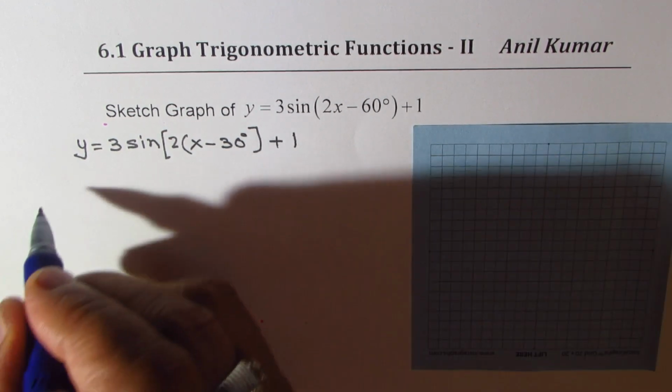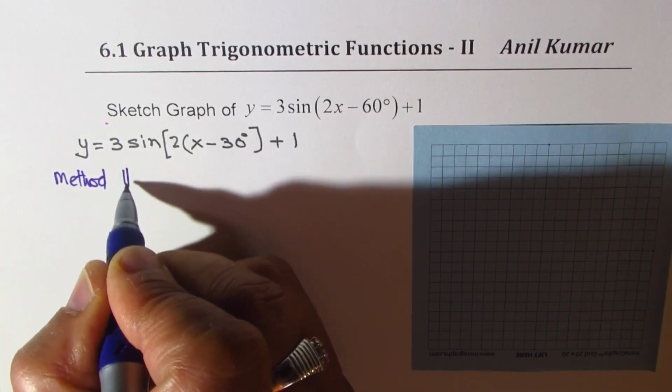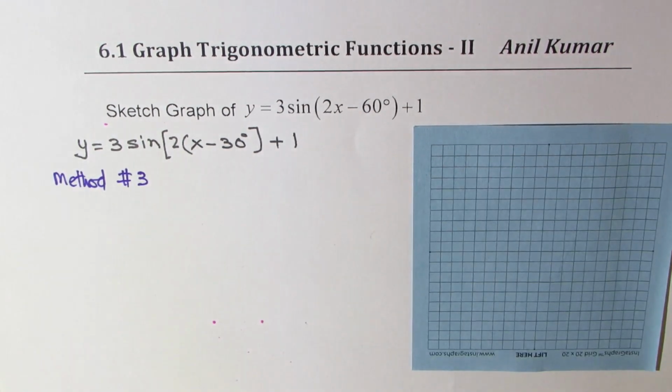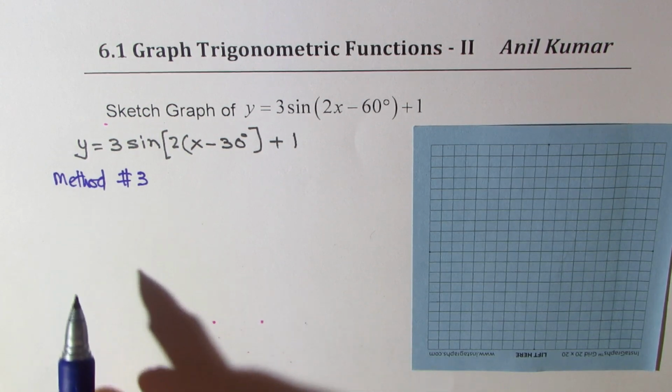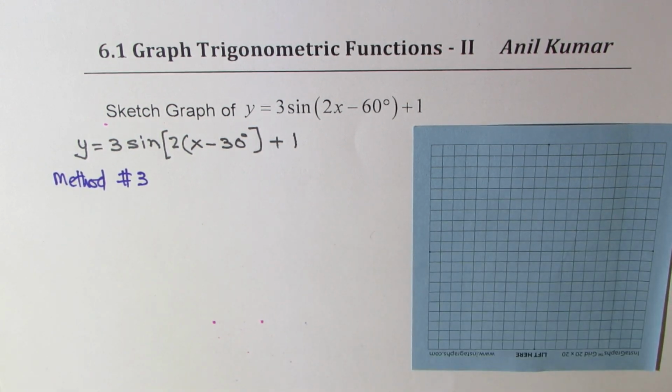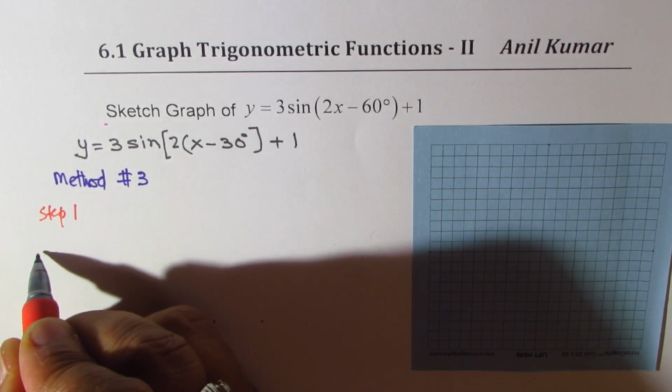So I'll say method 3. So first one we did with points, second one we did without points, just taking 4 quarters. Now we'll do in stages in our method. So here we follow 2 steps. So we say step 1 and step 2.